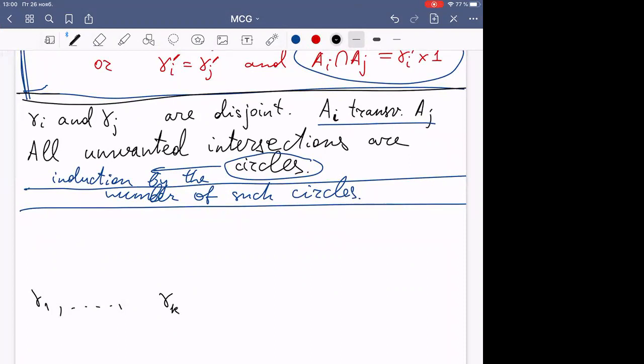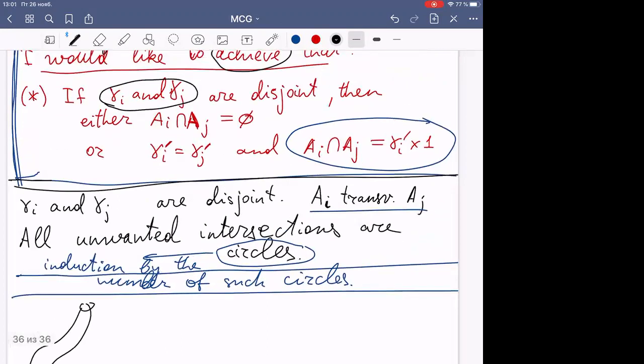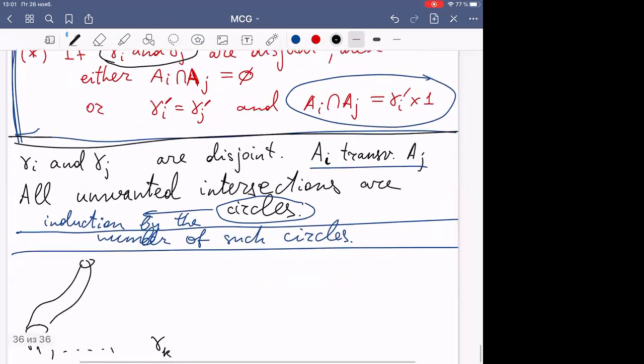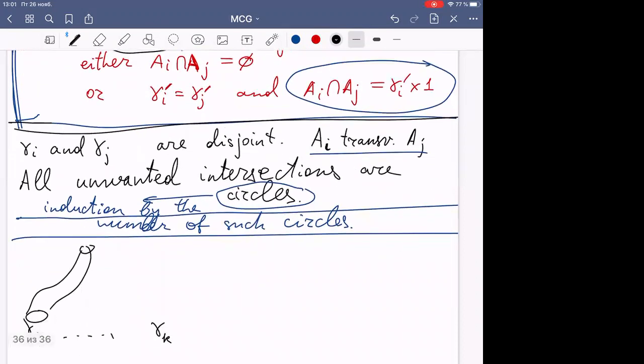For any of them, we have this cylinder, and we would like to avoid intersection of those cylinders that correspond to disjoint curves. We would like to measure somehow the complexity of the situation. So suppose that these cylinders intersect each other, and we would like to measure the complexity of the situation.